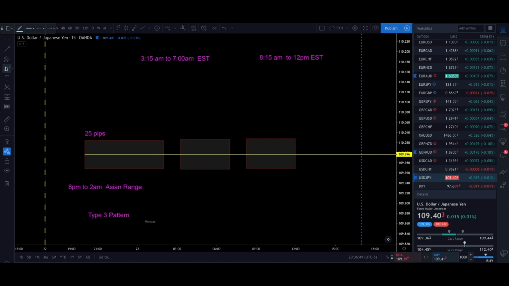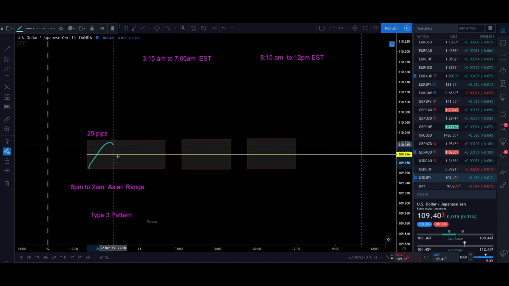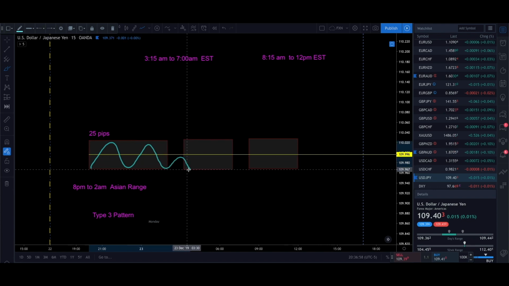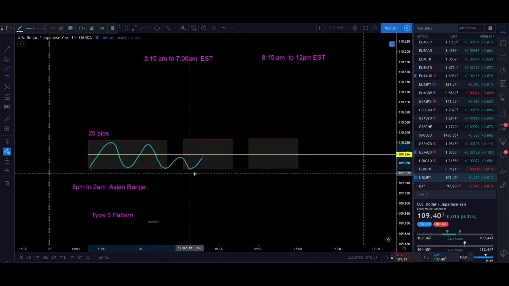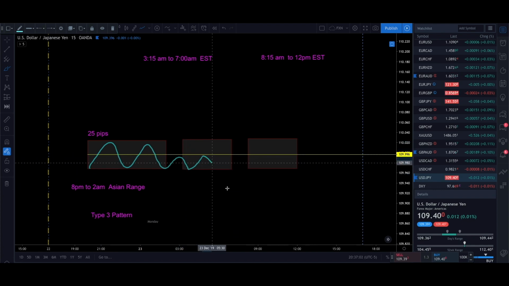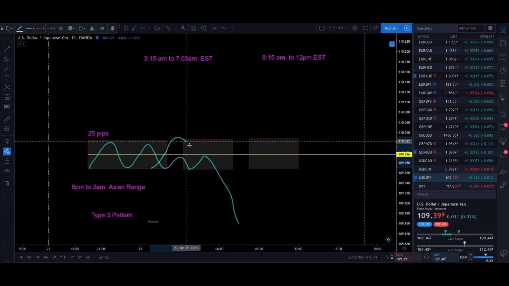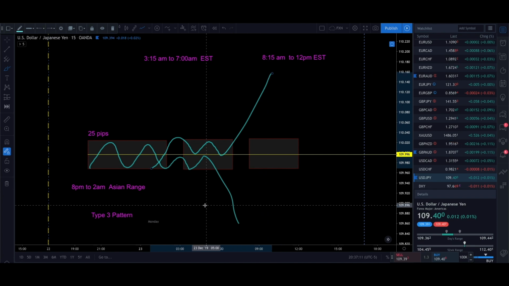And a type 3 setup actually starts out as a type 2 setup, as a W here. The only difference is that it gets stuck and it reverses and goes down. Same thing, it's basically an M that gets stuck and it reverses.